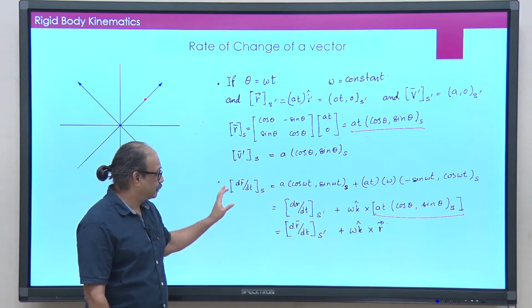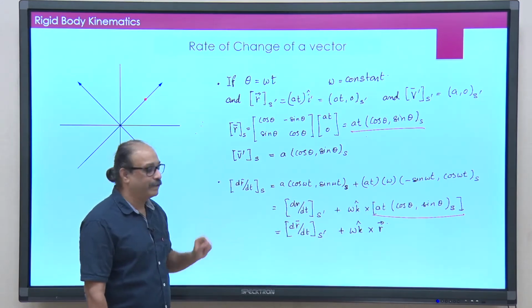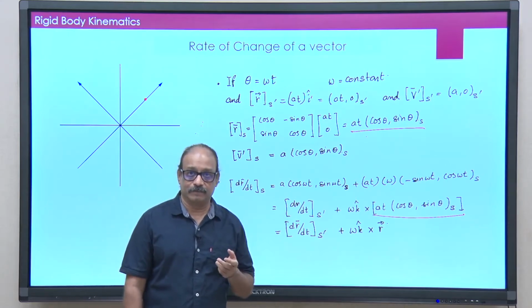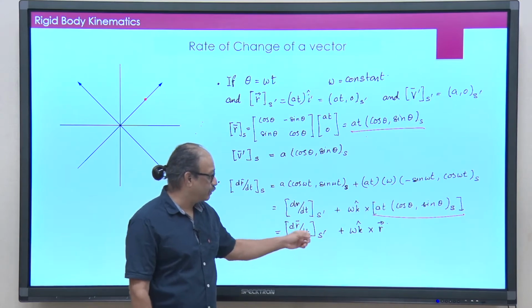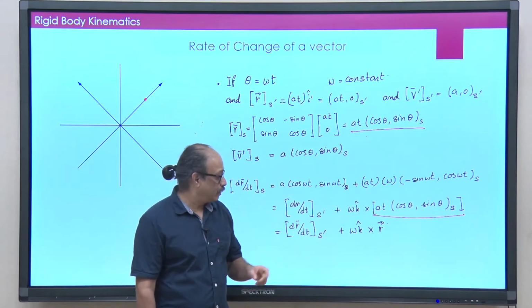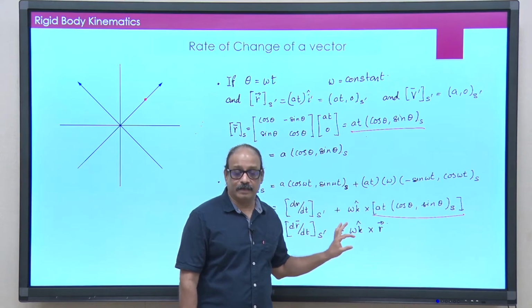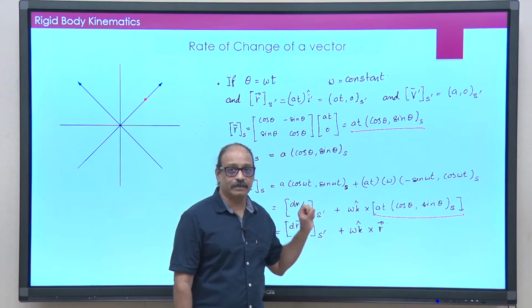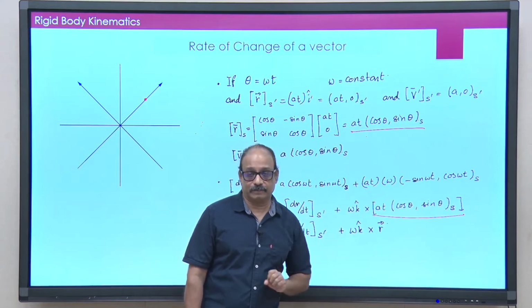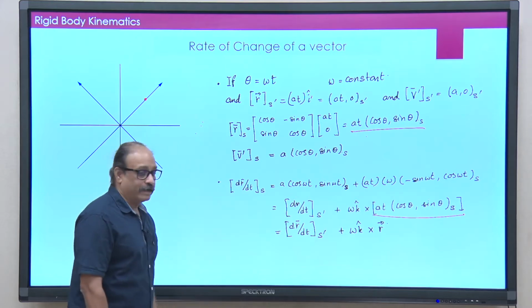It is basically the time derivative in S frame is the same as the time derivative in S prime frame plus omega k, altogether we can call it omega vector cross the same vector. So, this is basically the identity that connects them.